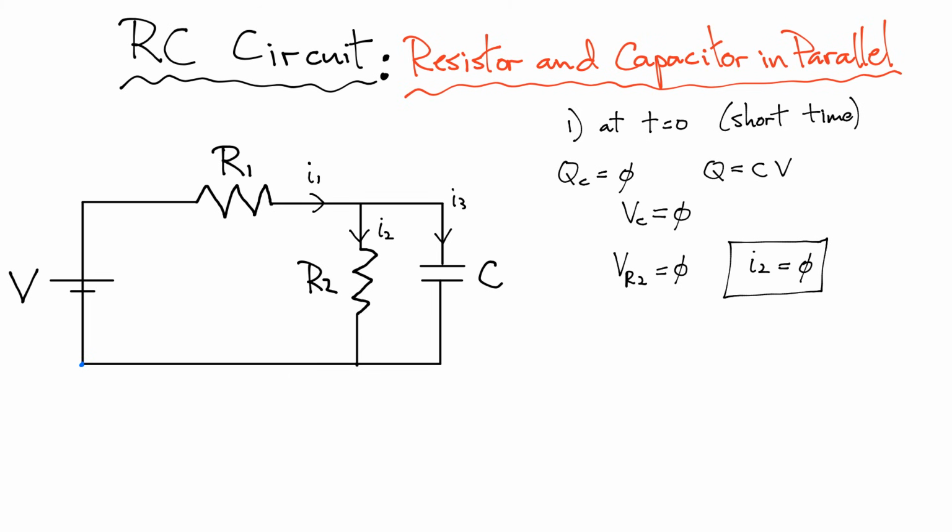Now let's consider a loop, this blue loop here, and I'm going to add all the voltage sources, the gains and the drops, as I go around this loop. If I start over here in the corner, the first thing I encounter is the EMF of the battery. As I cross the EMF, I get a voltage gain. The next thing I encounter at the top here is a resistor.